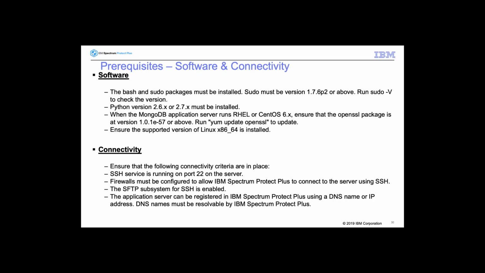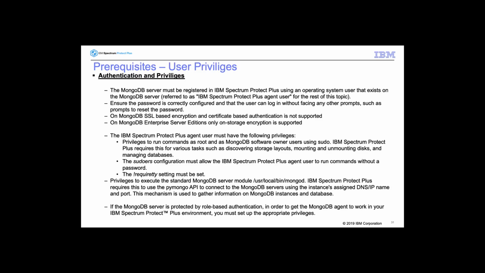On this screen, you see some of the prerequisite software that is required to be installed on the system for MongoDB, and also the ports that are required for connectivity. I won't read the details to you on that. I would encourage you to take a look at that after the lecture if you're interested in MongoDB.